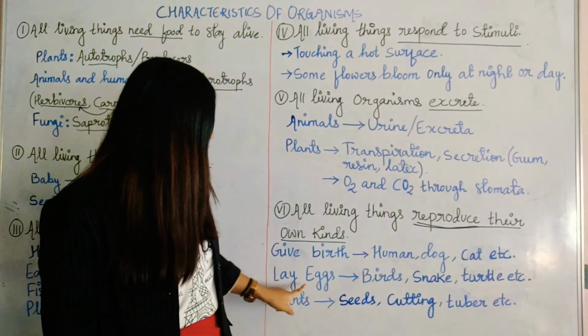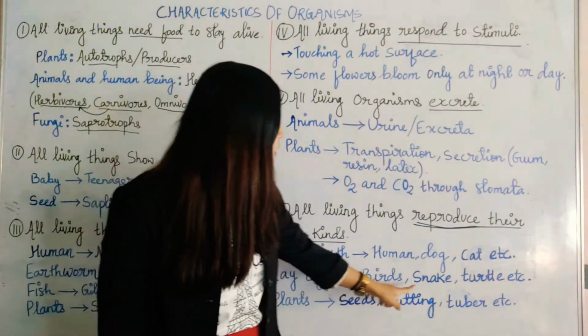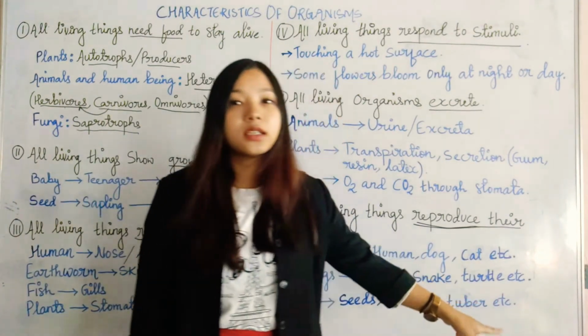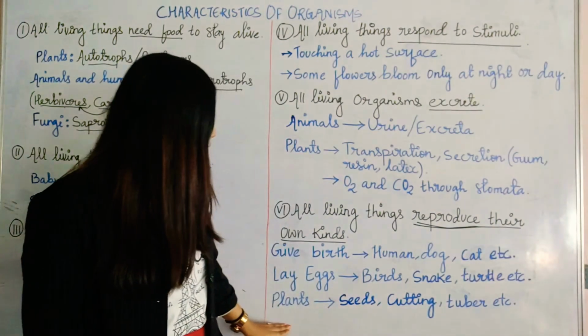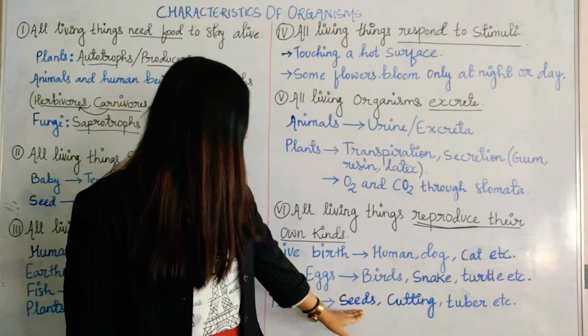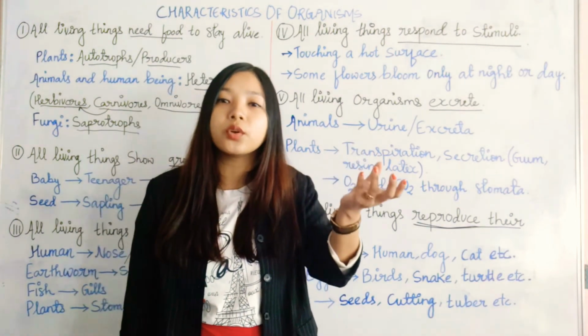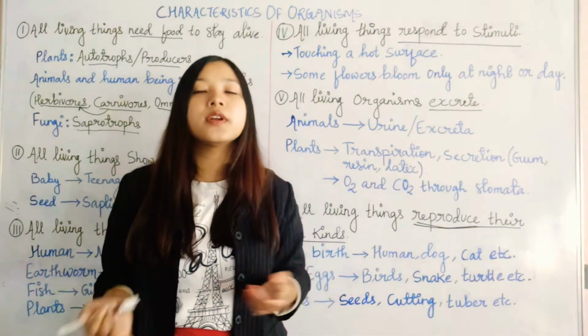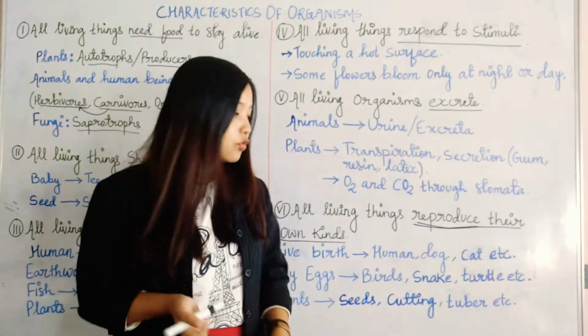Examples for those organisms which lay eggs are birds, snake, turtle, frog, toad, etc. And in the case of plants, plants can reproduce by producing seeds from which new plants will grow, as in the case of coriander, wheat, maize, etc.